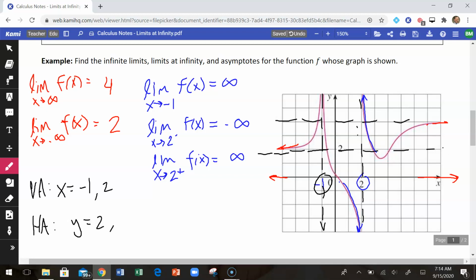Now, horizontal asymptotes act differently than vertical asymptotes. A vertical asymptote, the graph is never allowed to cross. But a horizontal asymptote, and you can see this, our graph does cross those horizontal asymptotes, because horizontal asymptotes only affect what's going on as the x's go to negative or positive infinity.